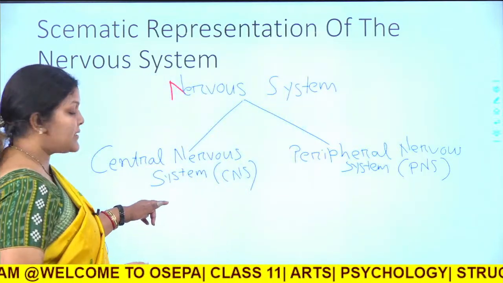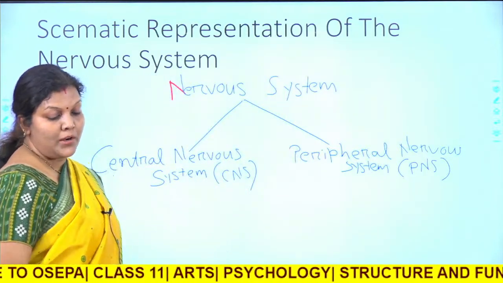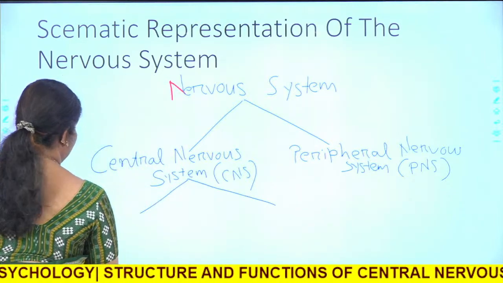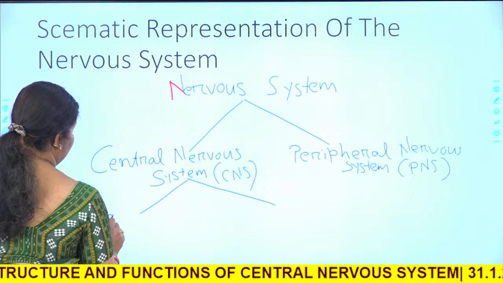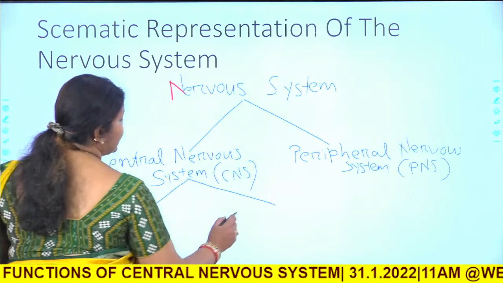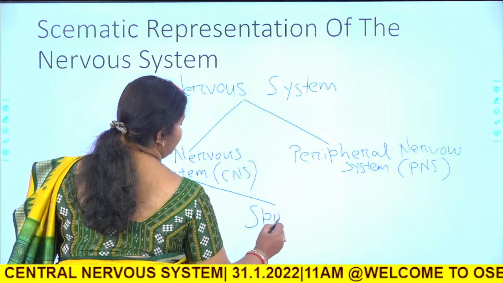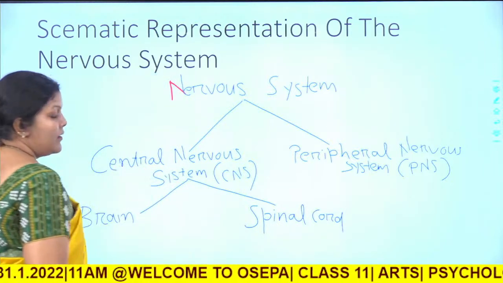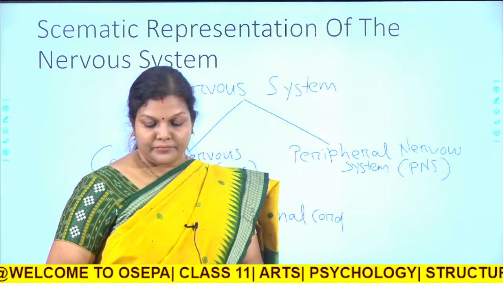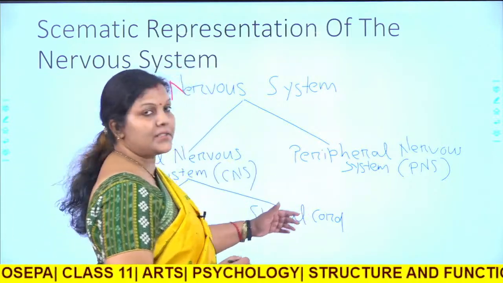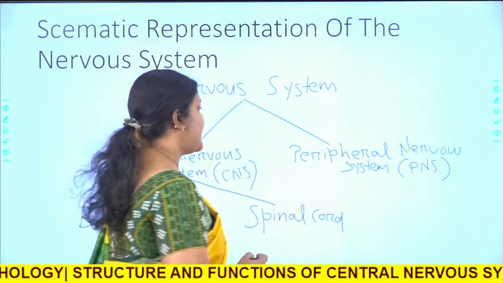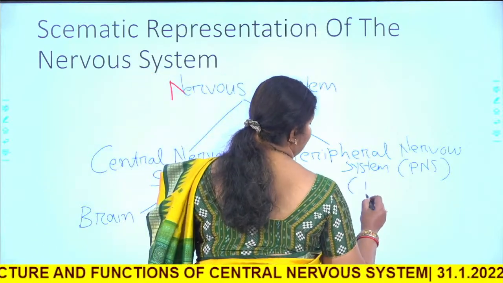Further, the central nervous system is again divided into two parts, that is brain and spinal cord. The peripheral nervous system consists of the neural tissues outside the brain and spinal cord.